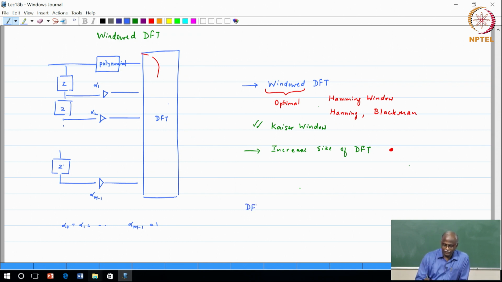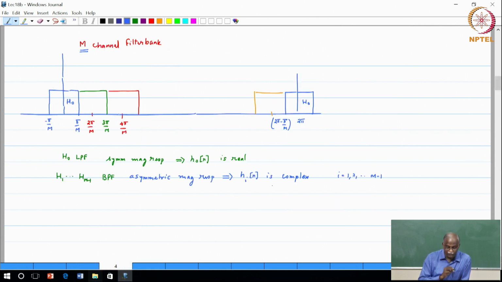the DFT based filter bank. So, the DFT based filter bank tells us that we can achieve a bank of filters with very low complexity of this form. As a special case, we made the polyphase components equal to 1, constants equal to 1, and showed that that is the DFT. And we showed that that has limitations in terms of spectral resolution when you want to do spectral analysis.